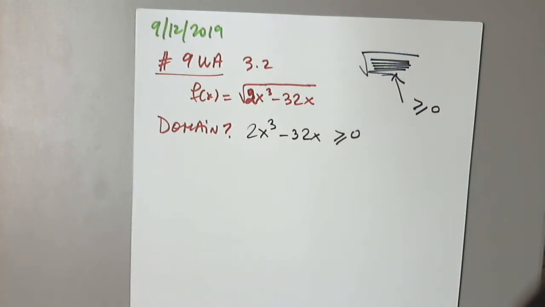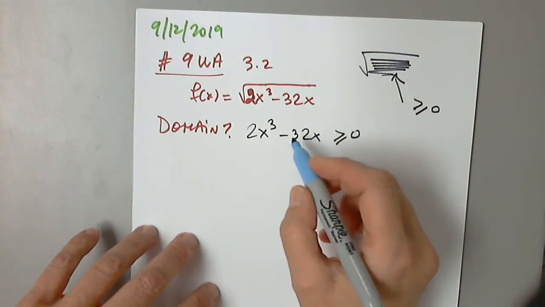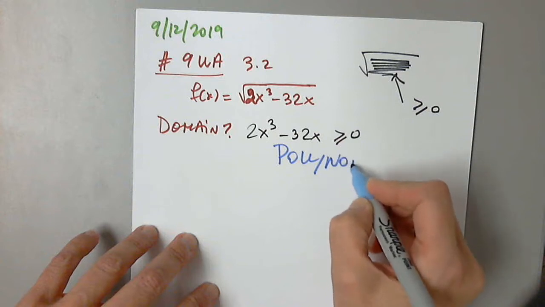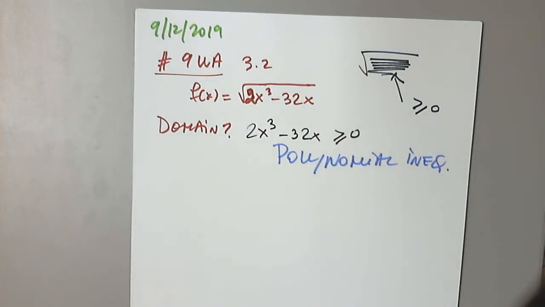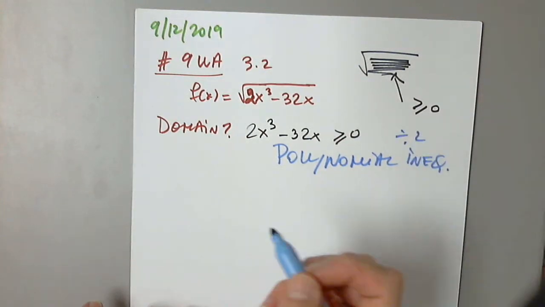Okay, perfect. So now this is a polynomial inequality, so we have to be very careful with this. We can simplify both sides by dividing, and I will always do it, never by x. This inequality can be simplified by dividing both sides by 2, which will not change the sign.